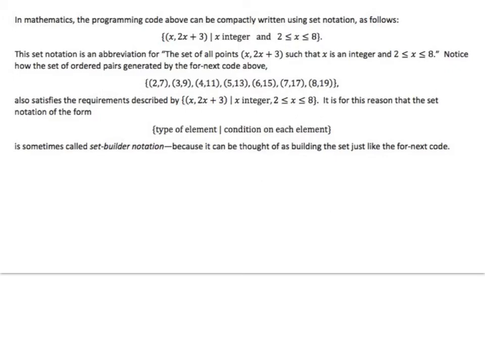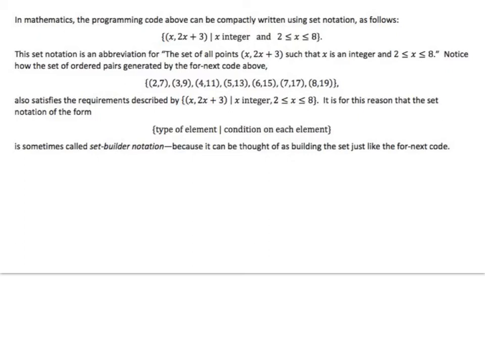This set notation is an abbreviation for what I just said, but that's okay. The set of all points, that's what these little bracket thingies mean, the set of all points x and 2x plus 3, such that, that's this line right here, such that x is an integer and between 2 and 8.